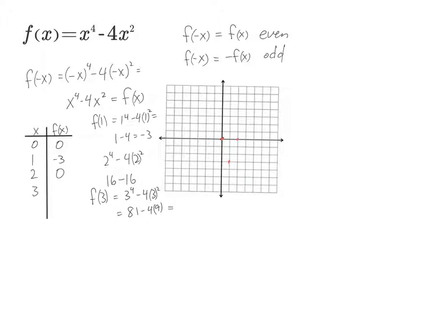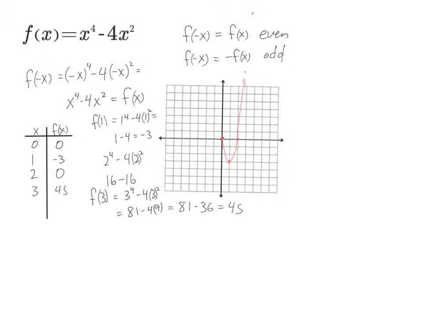Well, this is going to be 81 minus 36, which ends up being 45. So this is going to be 3, 45, which is going to end up being way up here. So it looks like what it's going to do is come down, go back up, and then just go straight up this way.